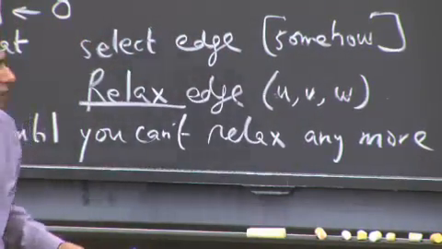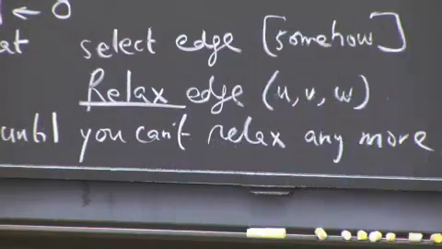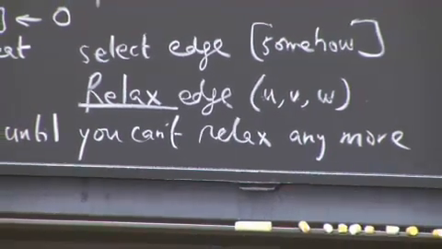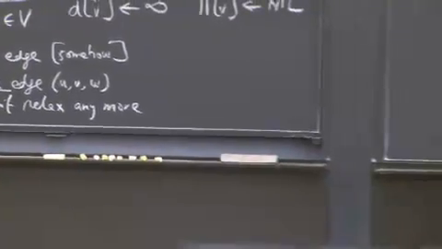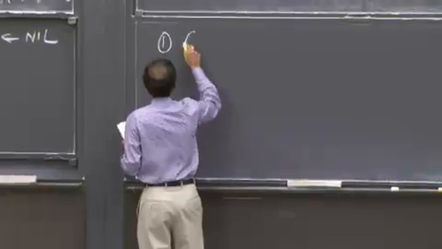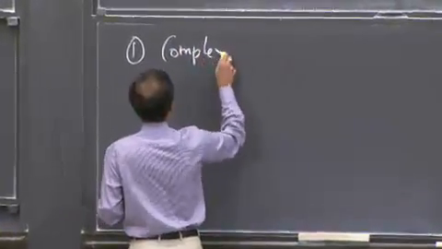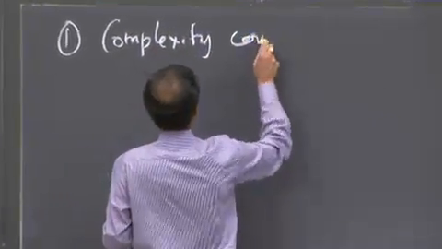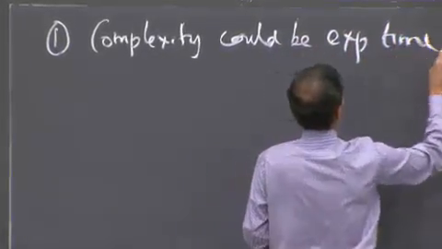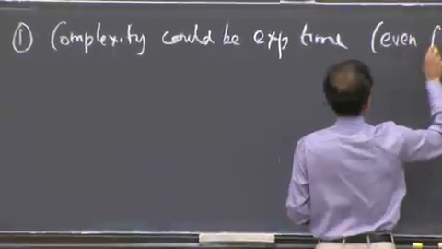So that's our generic shortest path algorithm. There are two problems with this algorithm. The first, which we talked about, and both of these have to do with the complexity, but the first one is that the complexity could be exponential time even for positive edge weights.